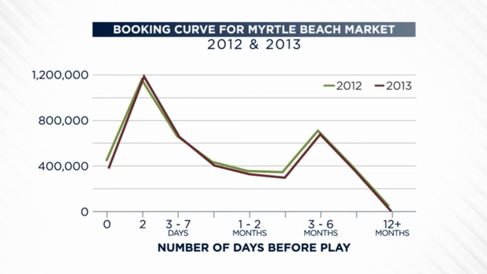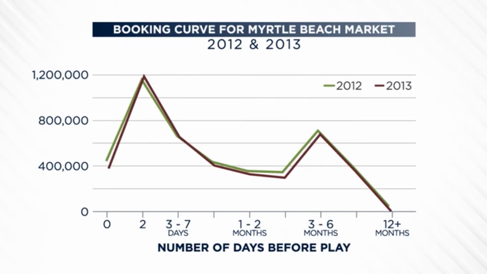Not only can we see distinct patterns, but we can see that the pattern is the same for 2 time periods. The pattern tells us that most golfers in this market are booking their golf 2 days in advance of play. But we also see a very interesting bump of advanced bookings 6 months out.